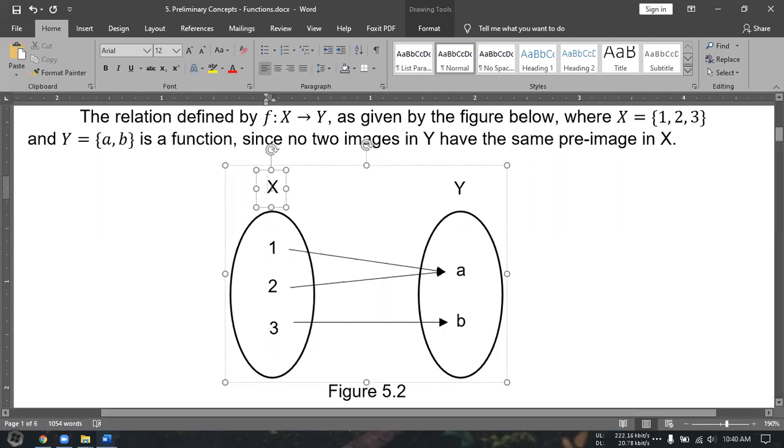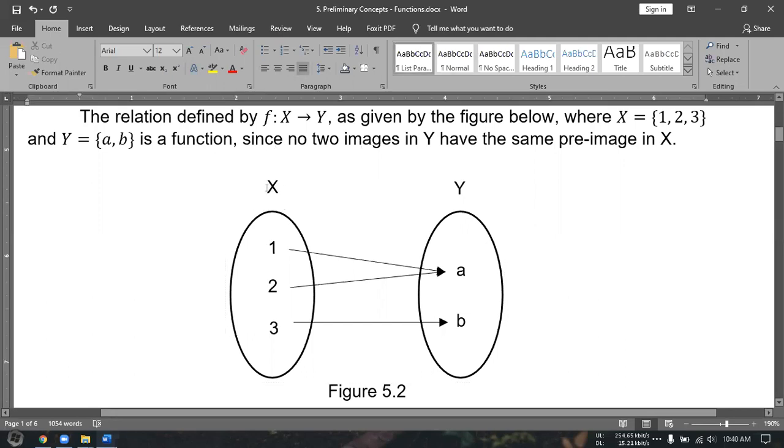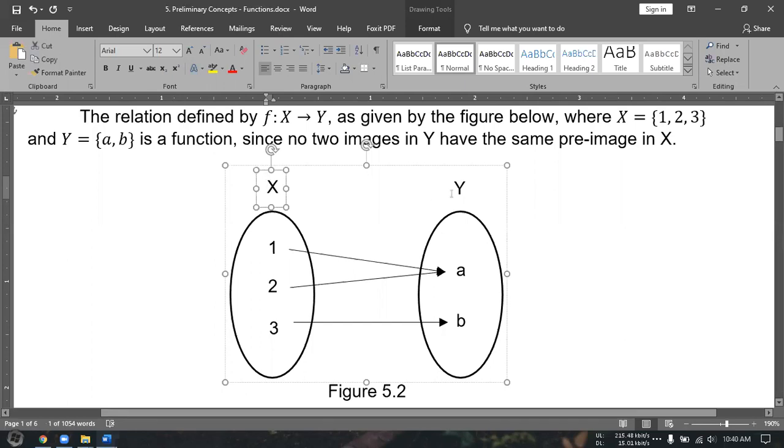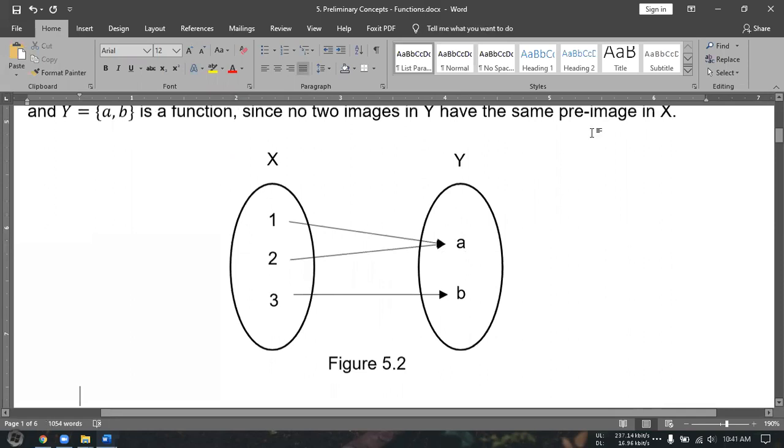So the elements of x are said to be the pre-images, and the elements of y are our images. So no two images in y have the same pre-image, or two images in y do not share one pre-image in x. Therefore, this is a function.